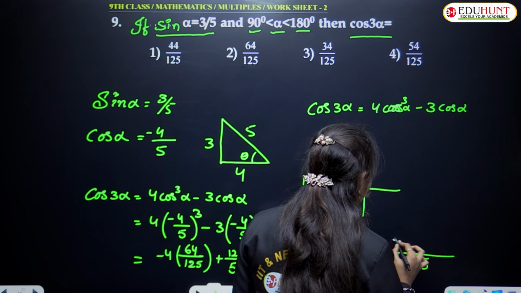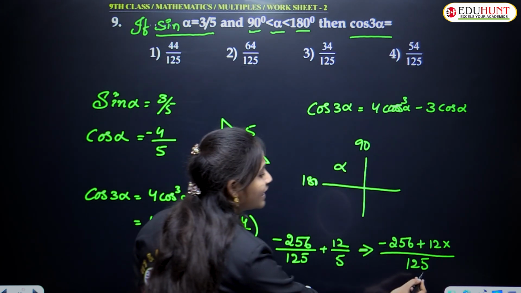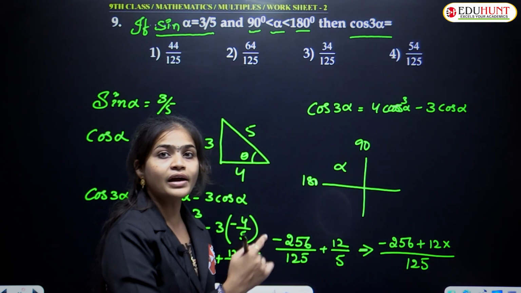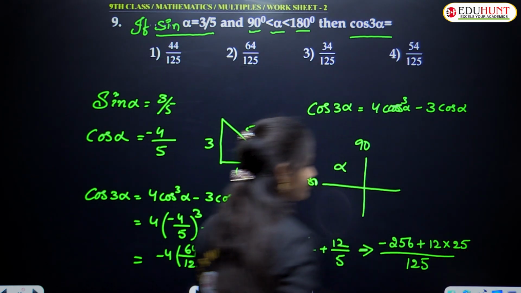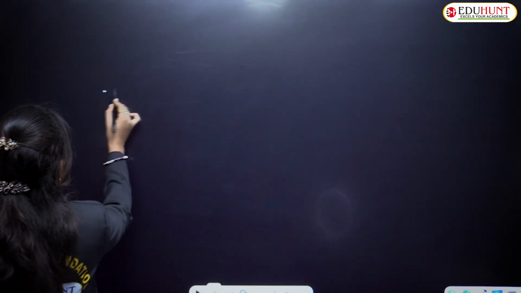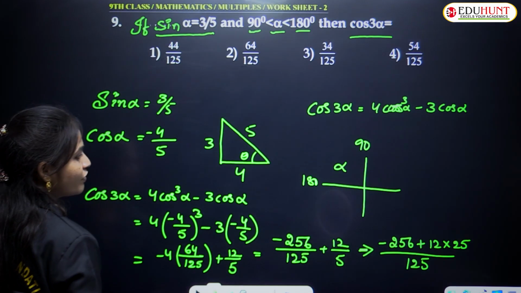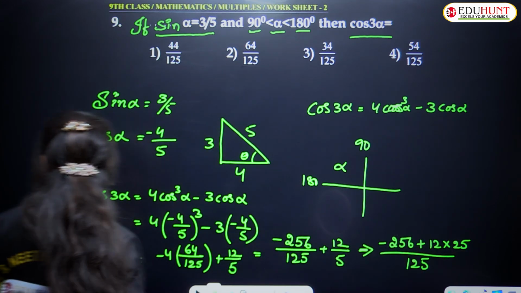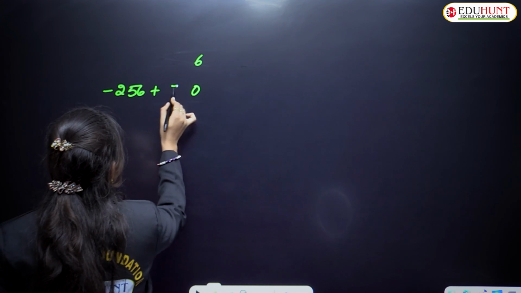So in the numerator, minus 256 plus 12 into, here 5 is there, but 125 is the LCM. So 5 into how much is equal to 125? 5 into 25 is 125. So 25. Am I clear to you? So minus 256 plus 12 into 25. 12 5s are 60, 12 2s are 24, 24 plus 6 is 30.